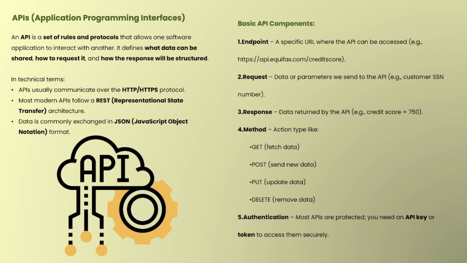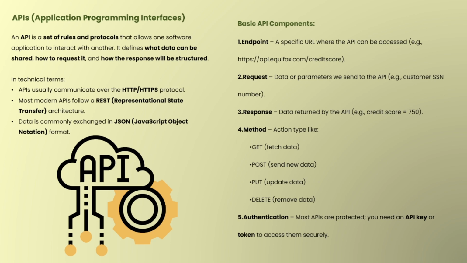So we send customer SSN number, customer phone number, customer age, or anything else related to the customer, to a different software system like CRM or credit bureau. So this is the request. Using the endpoint we are sending something via request, and we are receiving something which is called the response.